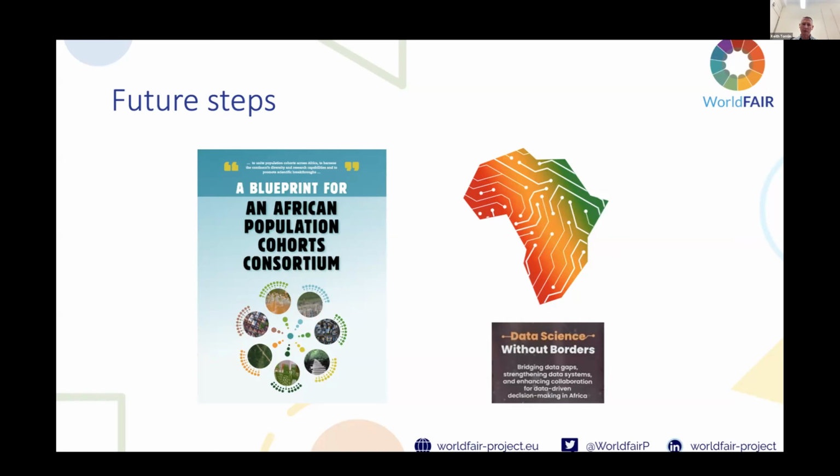One of which is this blueprint for African population cohorts consortium, which I believe was launched this week in South Africa, which again is adopting and embracing a number of the techniques that we've been talking about here, but across a much broader scale across the continent than the work of Inspire has done so far.